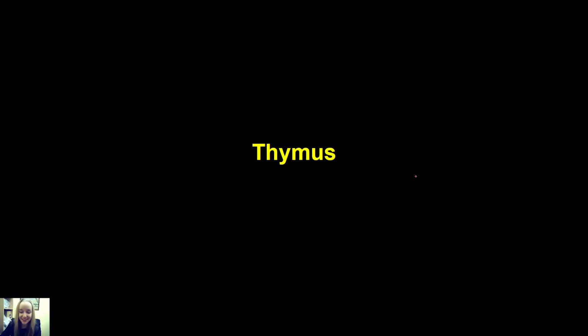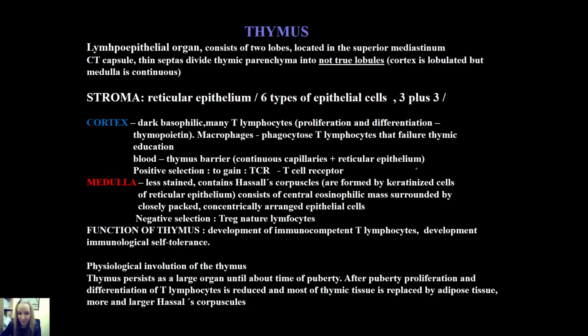Next, the thymus. The thymus is different, and it's a central lymphoid organ. So it's an epithelial organ. Why epithelial? Because the supporting structure isn't just reticular connective tissue, but we have reticular epithelium.